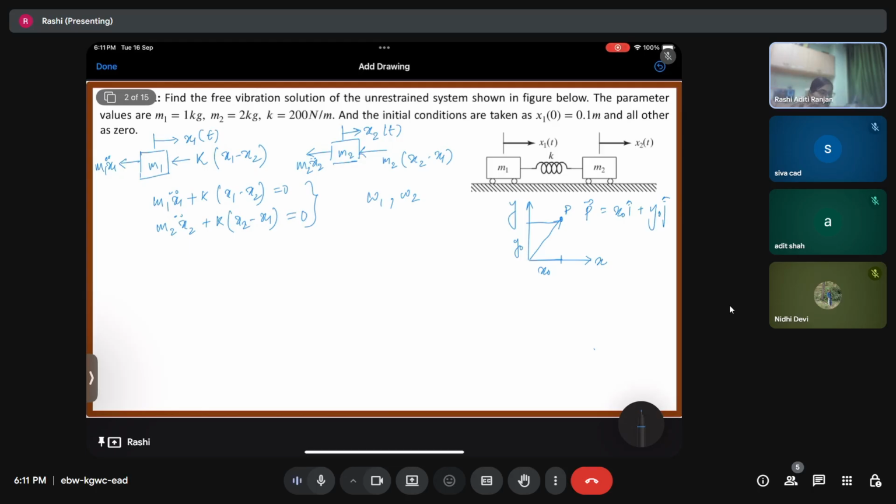So again, to find the general solution, we need to find the two independent solutions, and those we are going to get from the modal frequencies. In order to find the modal frequencies, what were we doing? We were assuming x1 as X1 cos of omega t plus phi 1 and x2 as X2 cos of omega t plus phi 2.